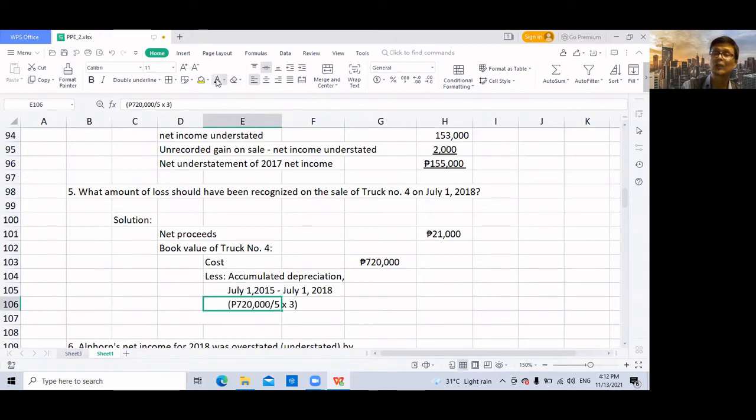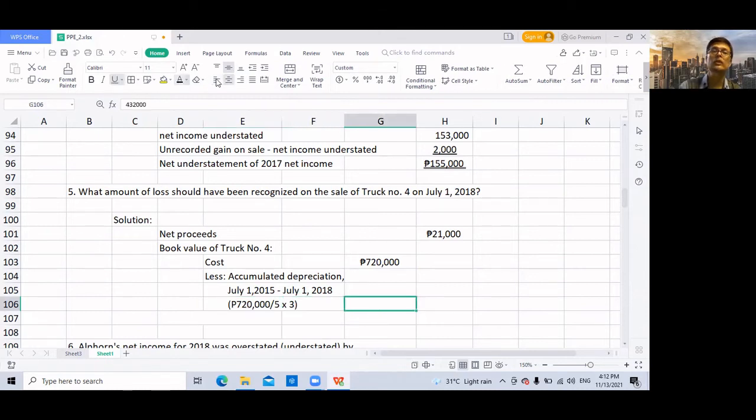So 720,000 divided by 5 years, because that is the policy. Pagka-acquire ito, so 5 years yan, the useful life. So this is being depreciated over the 5-year useful life times 3 years, kasi 2015, 16, 17, 18. So that's about 3 years.